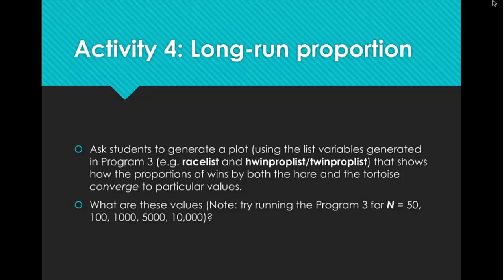Now, I tried it with 10,000, and on the computer it really does work, but it seemed to take about 5 minutes. So you have to be careful how many trials you choose. It does work, it doesn't crash, it just takes quite a while. If you imagine it's running a lot of races, and each race isn't really short either.